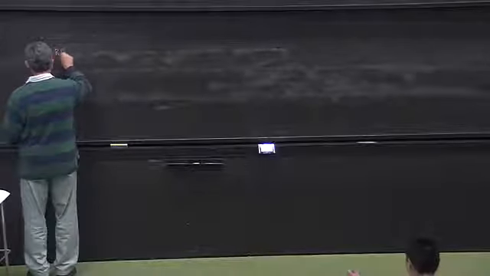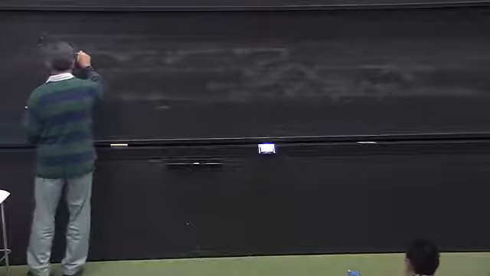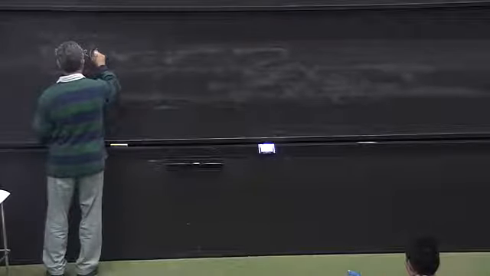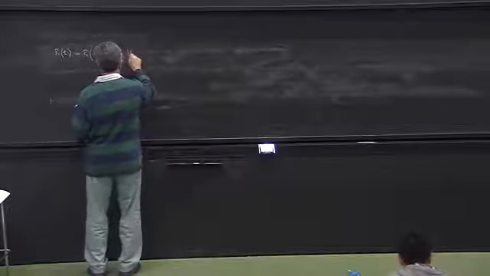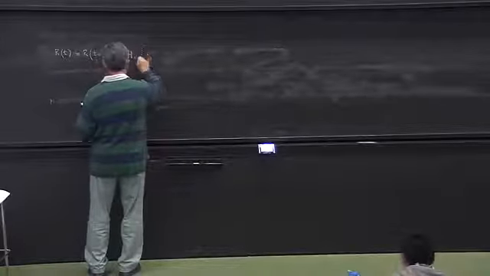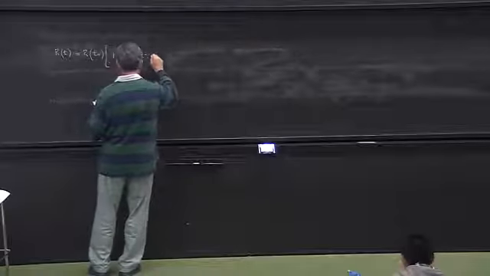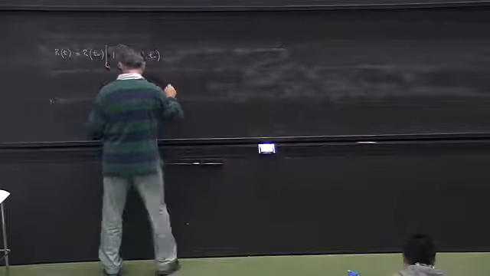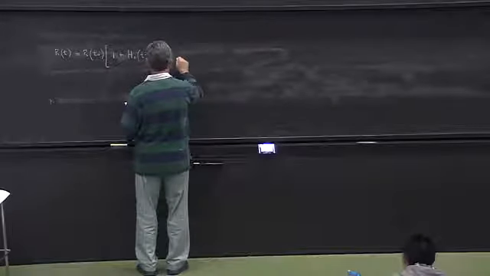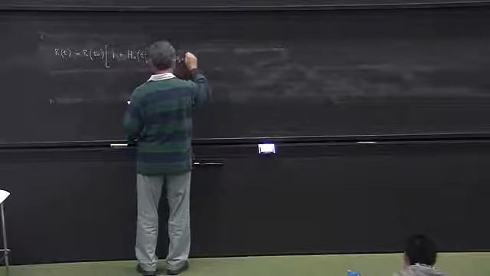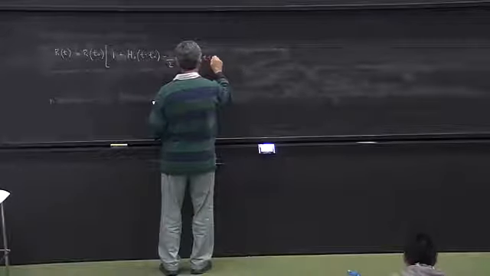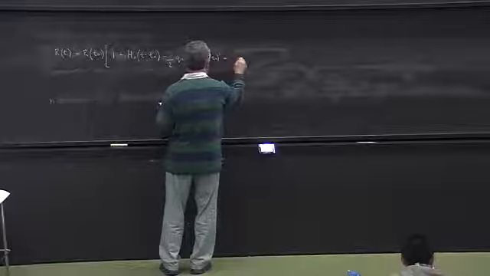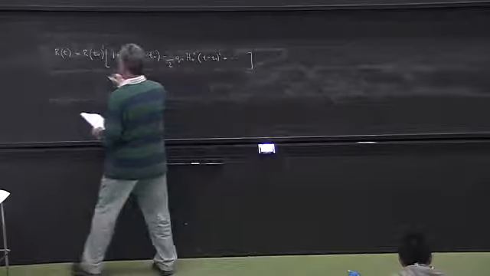To see this, let's look at R of t as R of t naught times 1 plus h naught times t minus t naught, minus 1/2 q naught h naught squared t minus t naught squared. So we're doing a Taylor expansion.